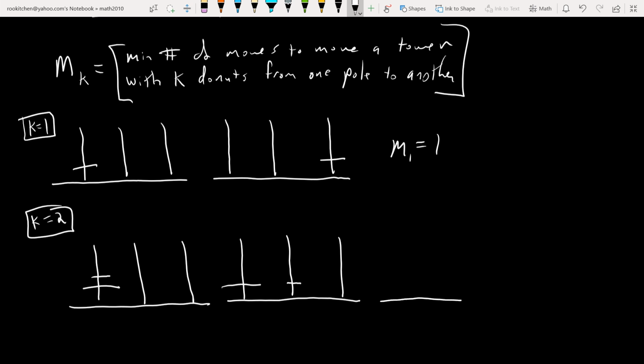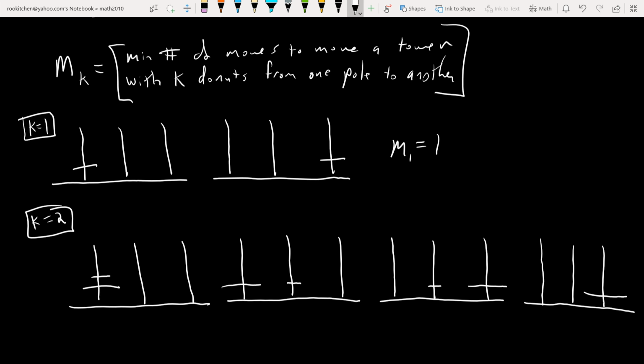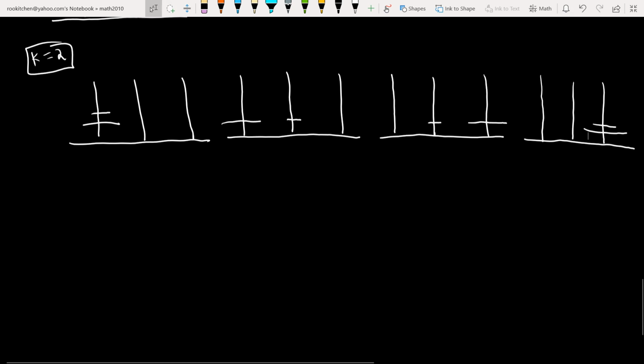And then I'm going to move the big donut to the third pole. And again, you don't have to do it that way. So here's my little donut, and the big donut goes to the third pole. And then finally, I can move the little donut on top of the bigger donut, and I am done. Okay. So in that case, m sub 2 equals 3, right? 3 moves.